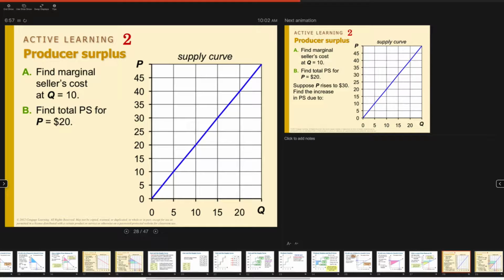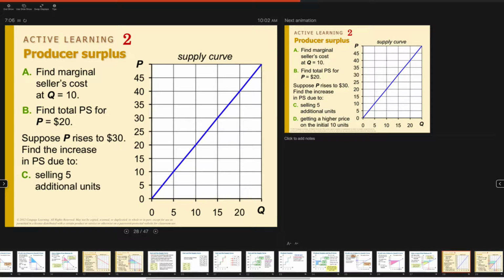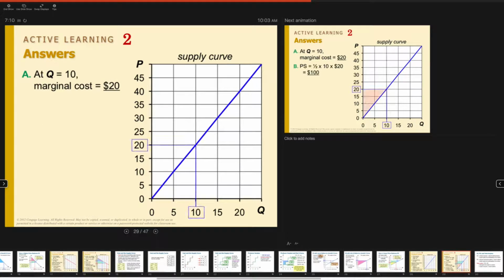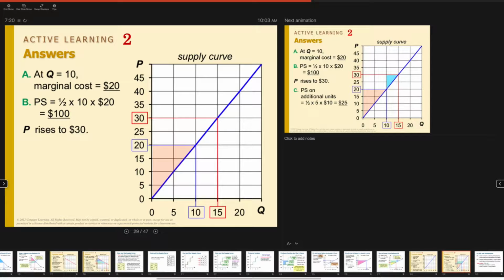All right. So, marginal seller's cost at a quantity of 10. The marginal seller's cost is? So we're going to find total producer surplus for $20. So total producer surplus at $20 is that triangle, right? Price goes up to $30. Where's our producer surplus?